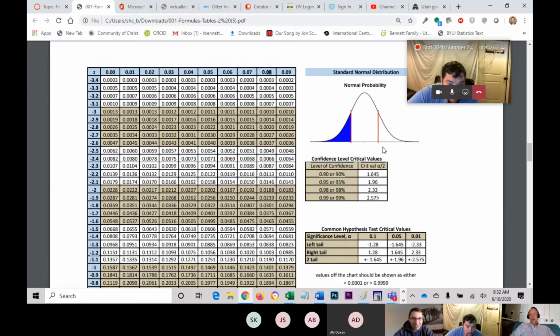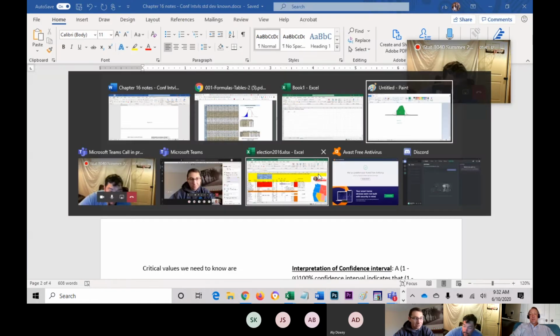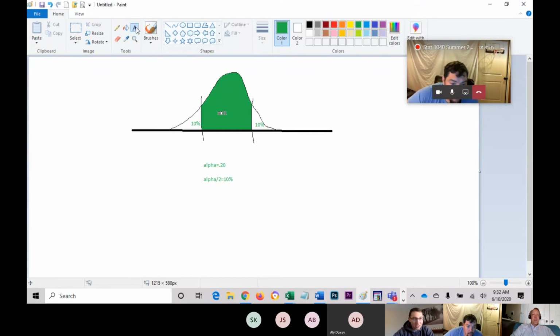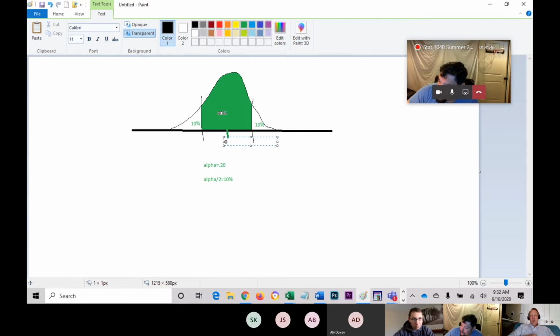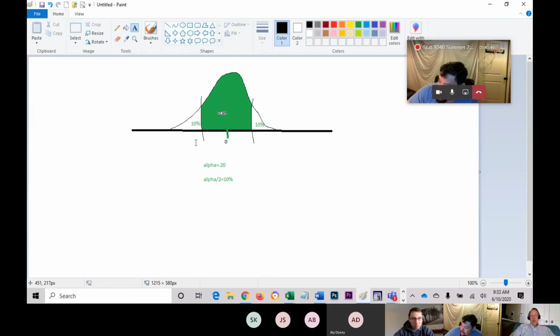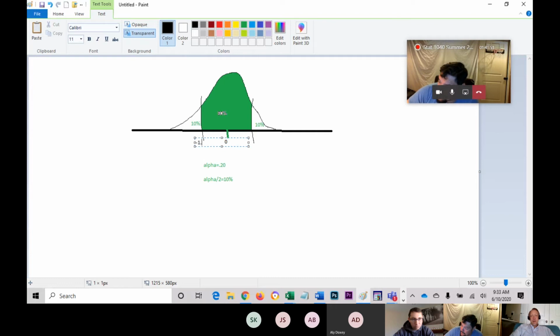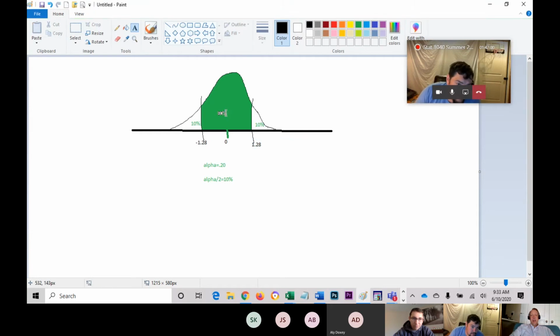One of these days, we're going to come up with a non-symmetric distribution, and you won't like it, so be glad. If I draw this back here, the standard normal distribution has a mean of 0, and we're going to go out negative 1.28 standard deviations on the left, and positive 1.28 standard deviations on the right. That will give us 80% in the middle, 10% in each tail.